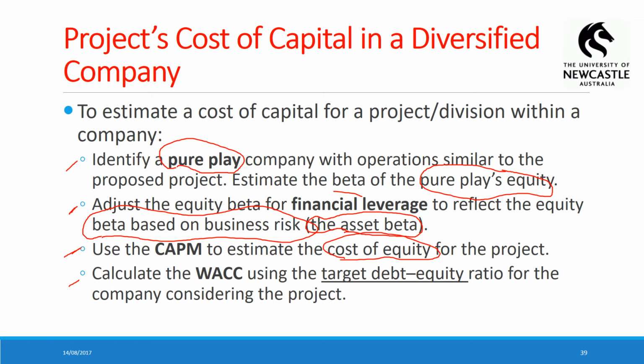We then use the cost of equity estimate that we obtained from this step, and we adjust for the target debt and equity ratio of the firm to get the weighted cost of capital. So in the final step, we adjust the cost of equity for the project by taking into account both debt and equity.